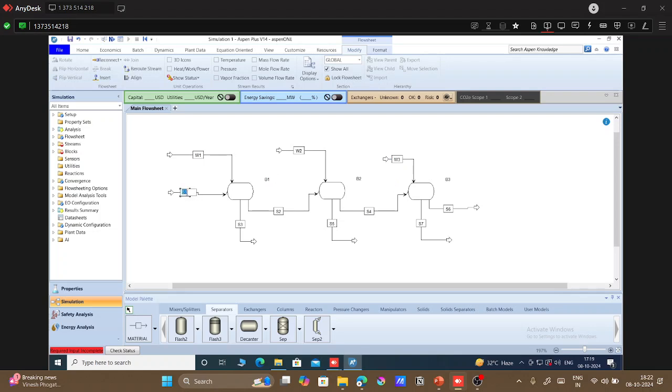This is our feed, so feed F. Okay, let's call this as extract, so this is extract E1. This is our raffinate R1. I'm just rearranging it for a better representation, nothing else.